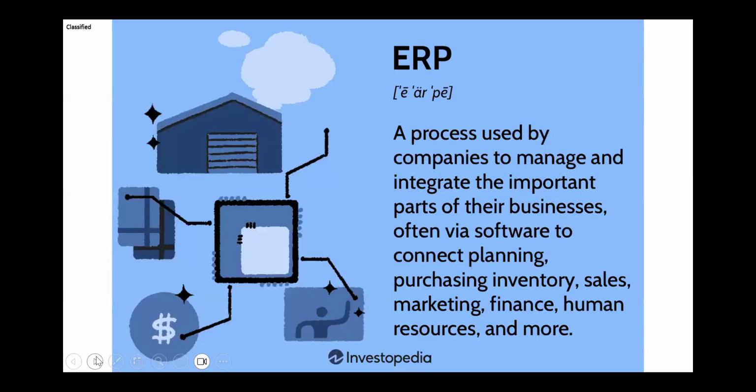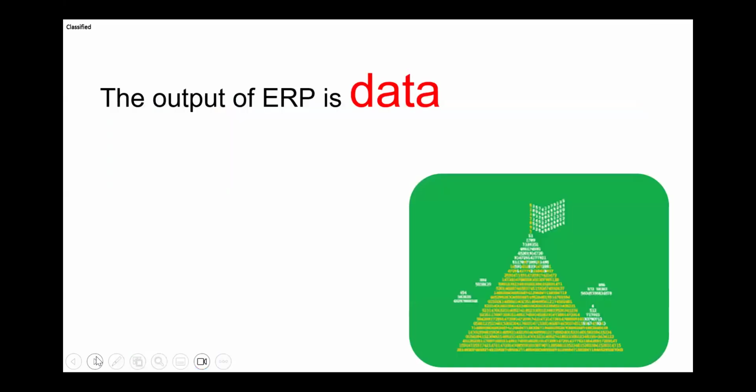They've been around for a long time, and this is a process used by companies to manage and integrate important parts of their businesses through software to connect the planning, purchasing, inventory, sales, marketing, finance, human resource departments all together. So you need these centralized systems to ensure that all of the different departments of a business are working fine.